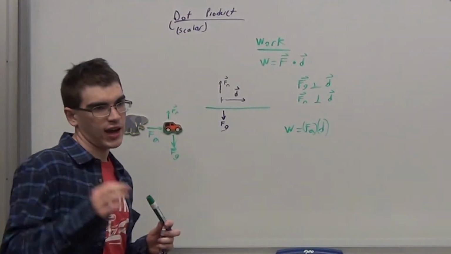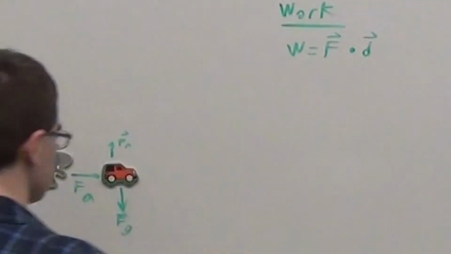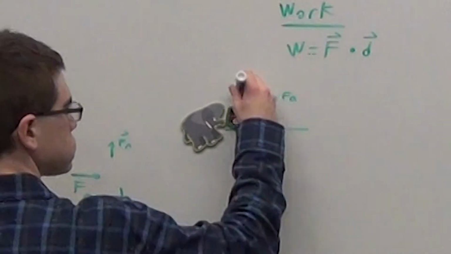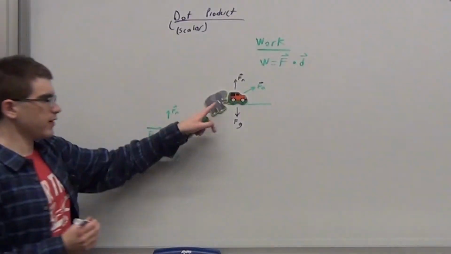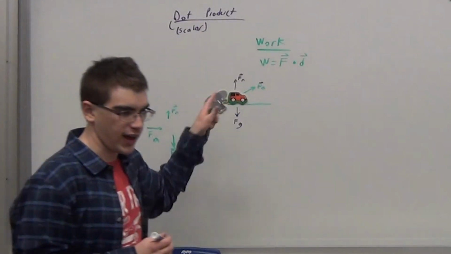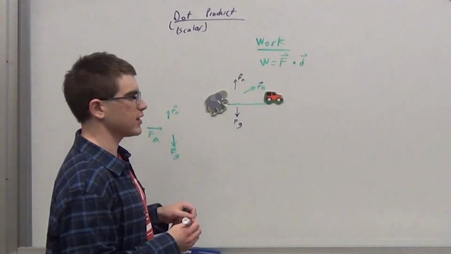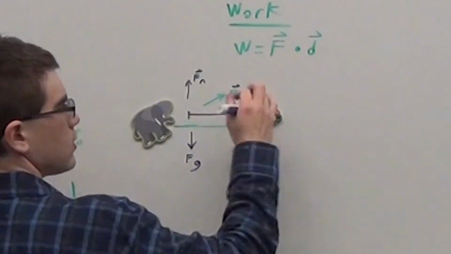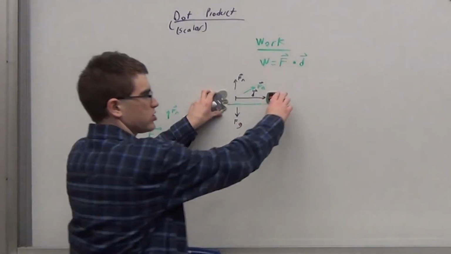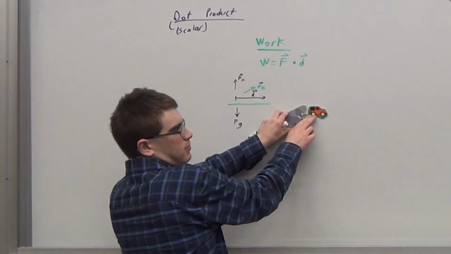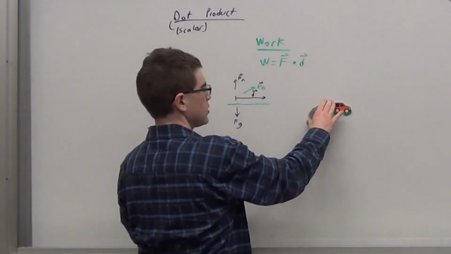However, if they were not the same direction, if our elephant was pushing at an angle, but our car still only moved in a straight line. The car gets pushed by the elephant, which is pushing like this. It's pushing up at an angle, but it still only moves straight.